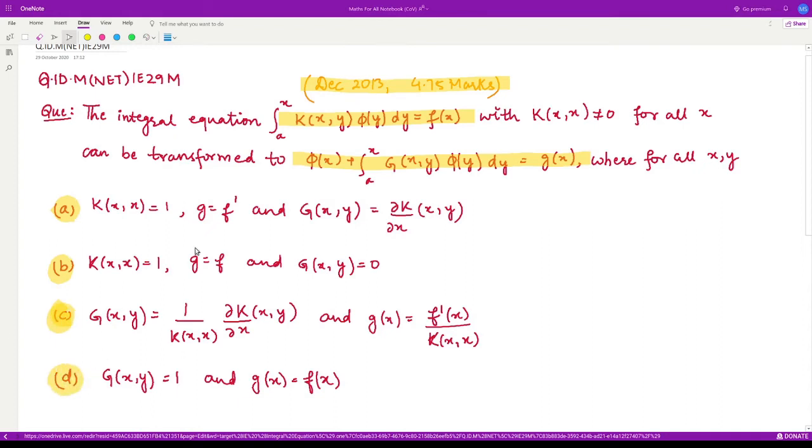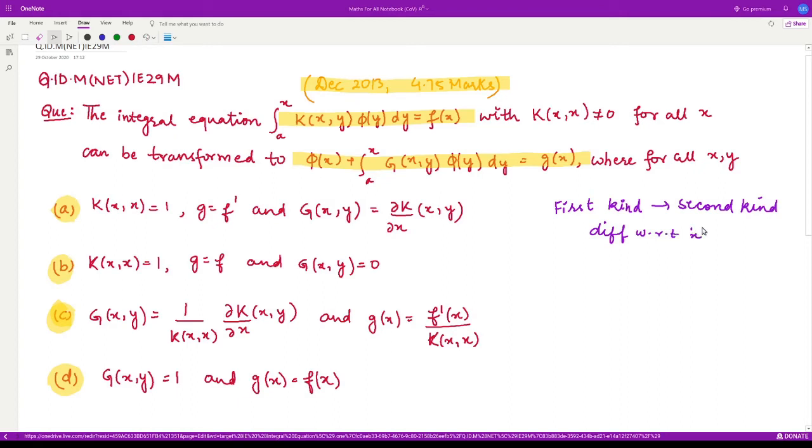So let us see. Can you notice the first integral equation has what form? It is of the first kind. You can convert a first kind integral equation into a second kind integral equation by simply differentiating with respect to the given variable x.